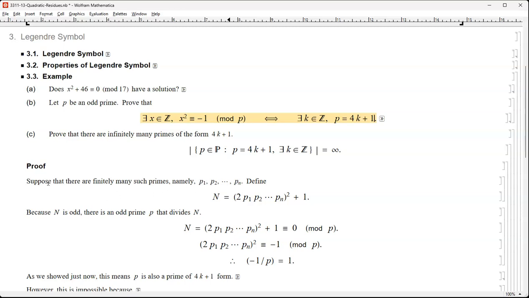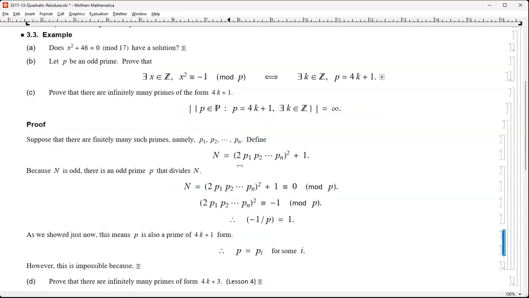You see? Suppose that there are finitely many such primes. Such prime, we want to prove the primes of this form, 4k plus 1 type. Those are finitely many, and named all those. And then we ended up with -1 is a quadratic residue, so it's a 4k plus 1 type. So this p is actually one of those pi's, those listed.